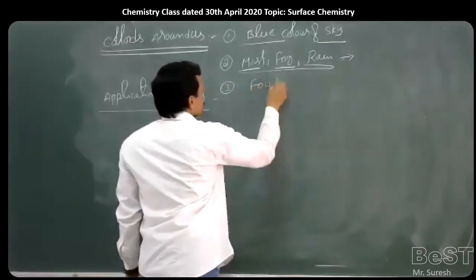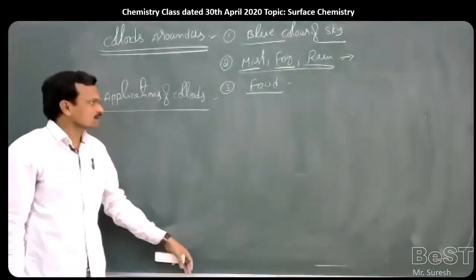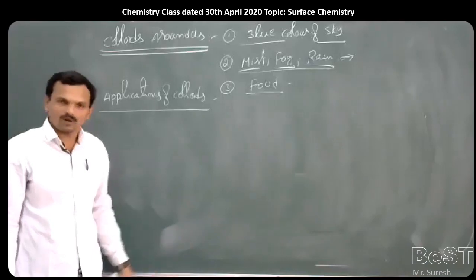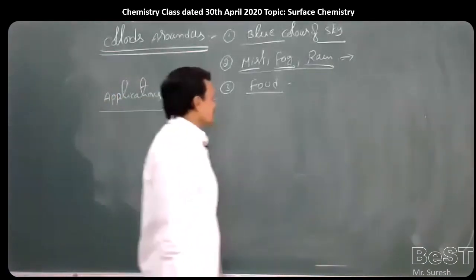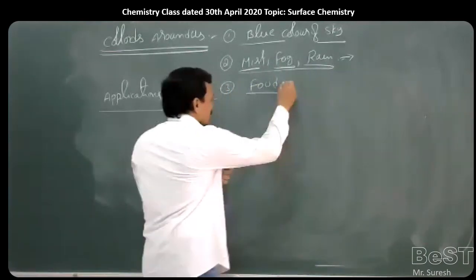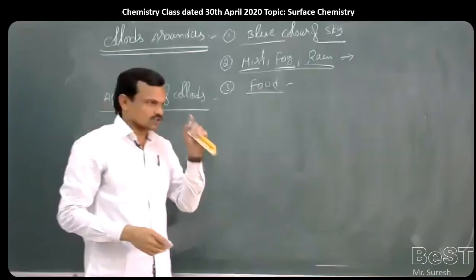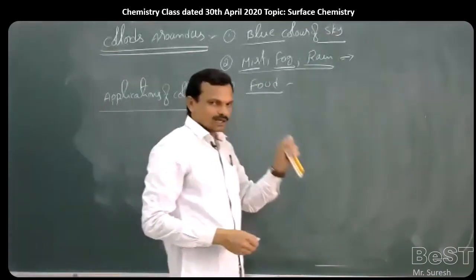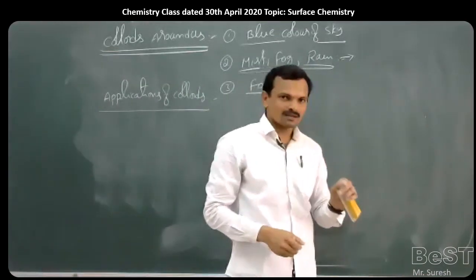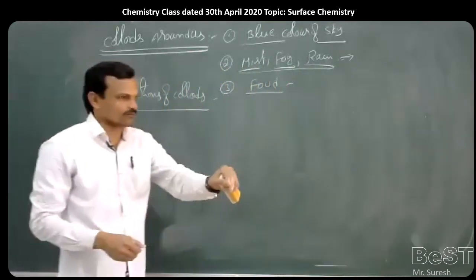Next, food. What food materials are we eating? Fruit juices, halwa, butter, curd, cheese, jellies. All these are examples of colloidal solution. Fruit juices, jellies, milk, curd, butter, cheese, creams. Cream is nothing but sugar dispersed in fat.